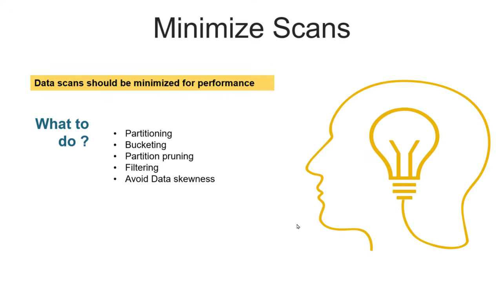That is going to be a big problem. The data needs to be, if not exactly uniform, then at least somewhat uniformly distributed. There are techniques like salting: you add a random number to your key so that all the data does not land in one partition or one node. So this can be used for avoiding data skewness.